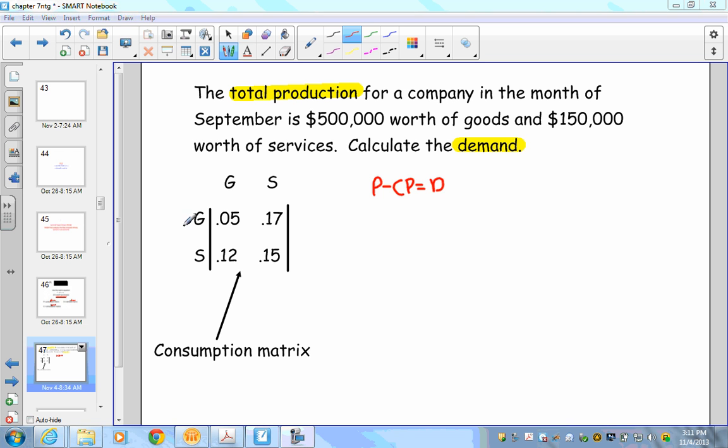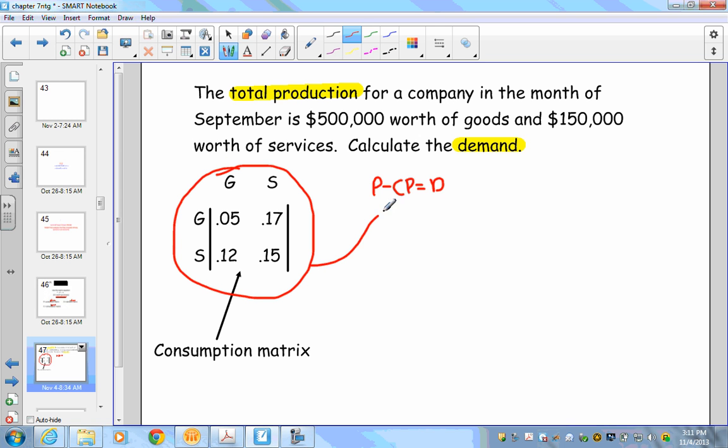A couple of things to note: in this problem, you'll pretty much always have the consumption matrix, and that's going to be plugged in for C. Then notice that you have 500,000 and 150,000, which will be written in a column matrix.